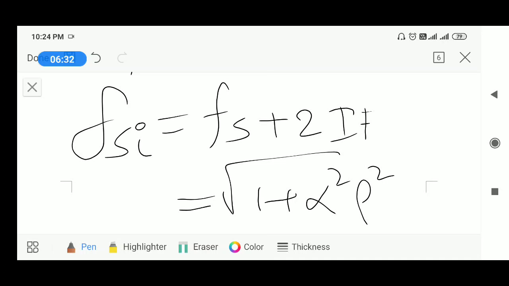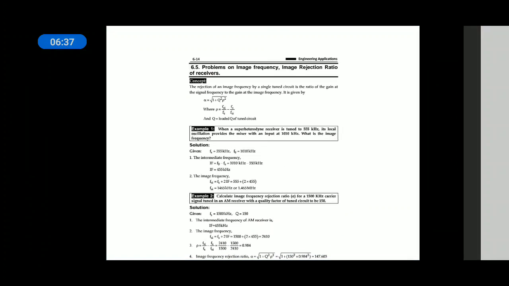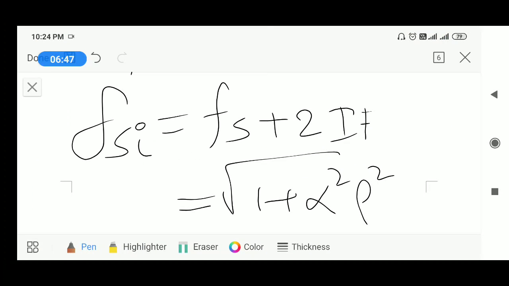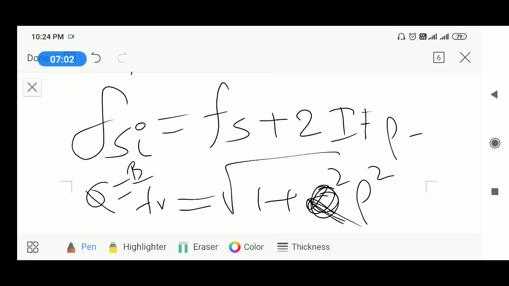Here Q is the quality factor, that is resonant frequency by bandwidth, and rho is equal to Fsi by Fs minus Fs by Fsi.